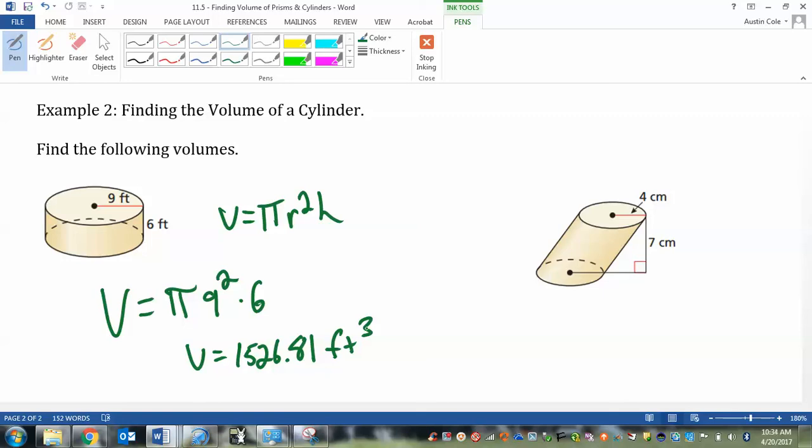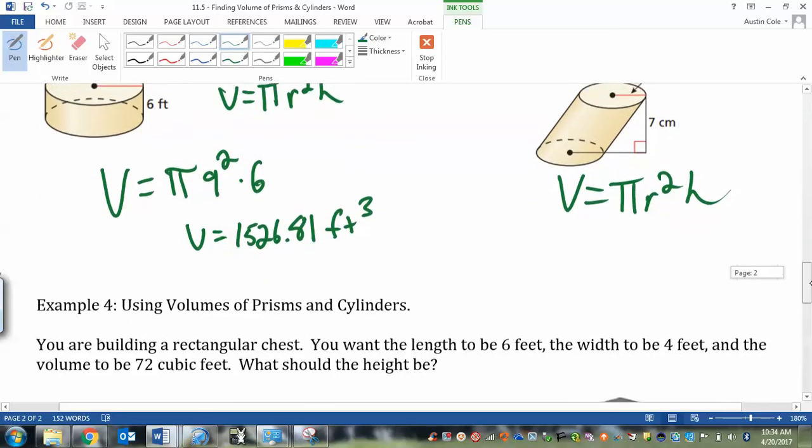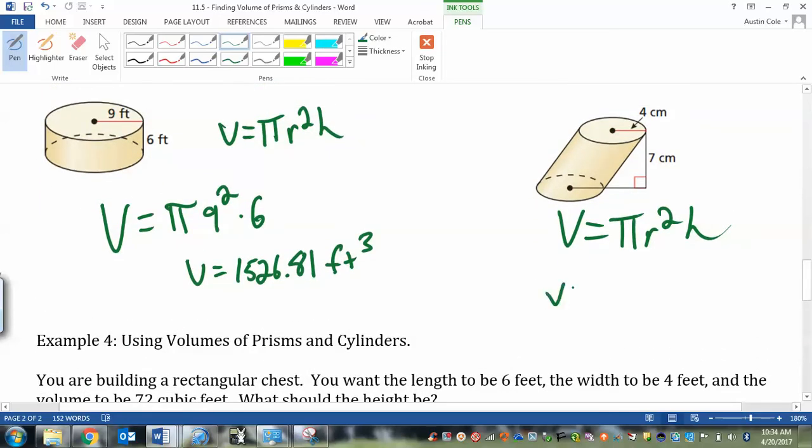So let's just say that I'm that cylinder. Am I standing up straight right now? No, right? So make sure that you use this height. Don't try to find some height in there. That's not going to be right. Same formula, volume equals pi r squared h. What's our r? 4.